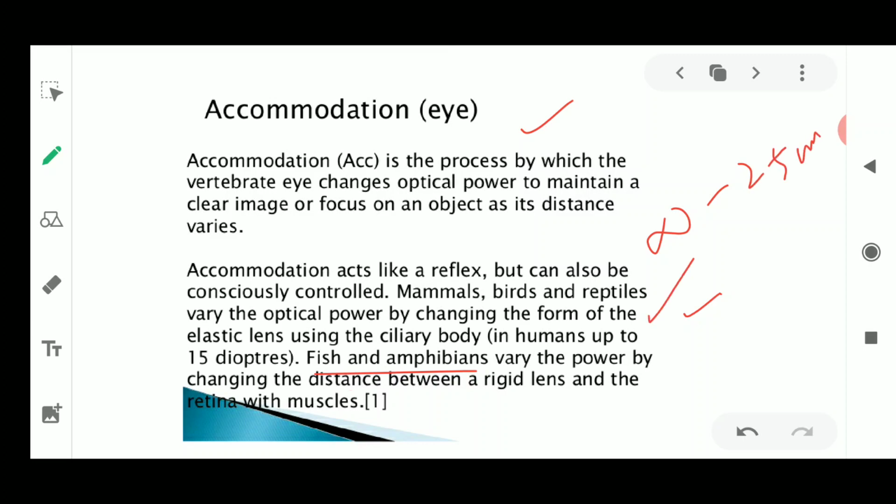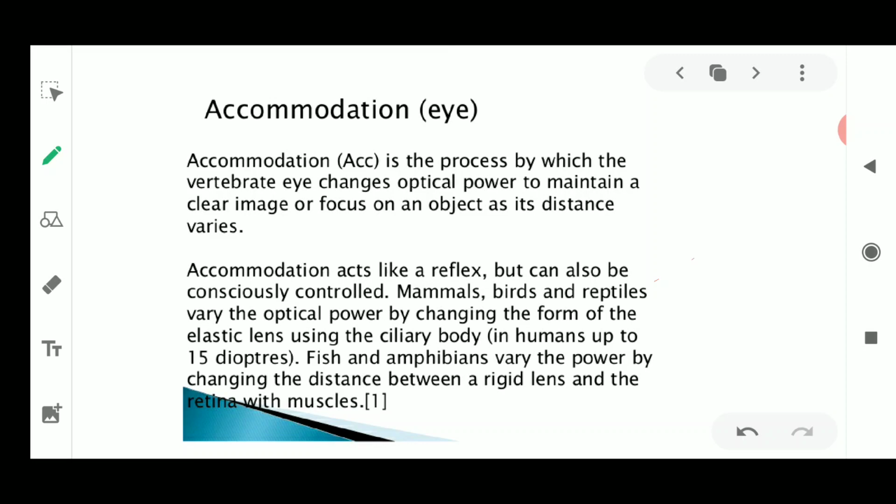We cannot go beyond infinity as it is the farthest point, and you cannot go closer than 25 centimeters; at least 25 centimeters must be present between your eyes and the object. So it is very harmful if we are looking very close, it means there is a certain problem. And if you keep the book very far away, at more than 25 centimeters, it means again it is a problem, or you are not able to see things clearly when they are kept at a larger distance.